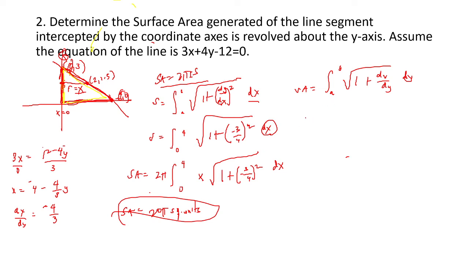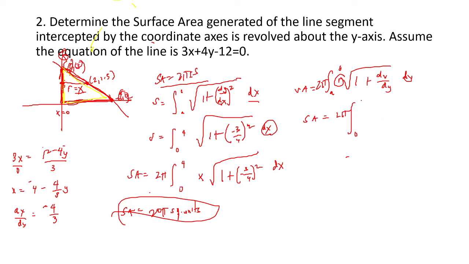Very simple. So surface area is equal to, okay, our r here is x. So that is 4 minus 4 thirds y. So this is 2 pi. And then our limits are now from 0 to 3.